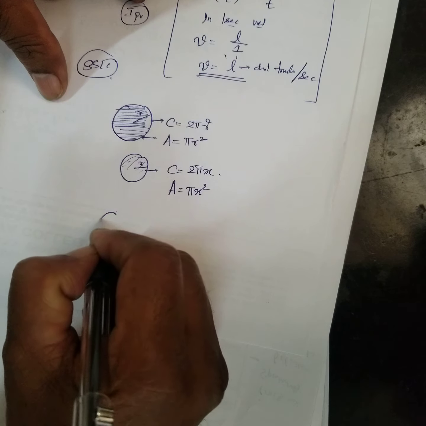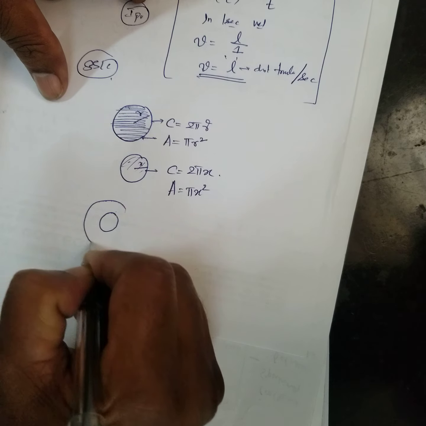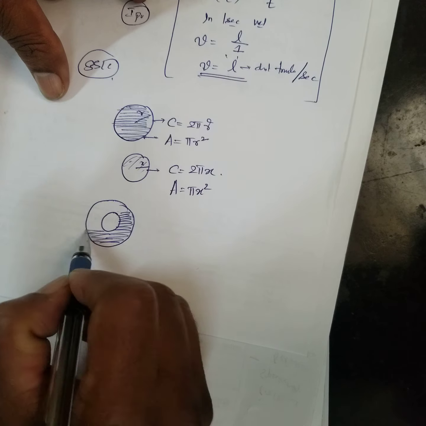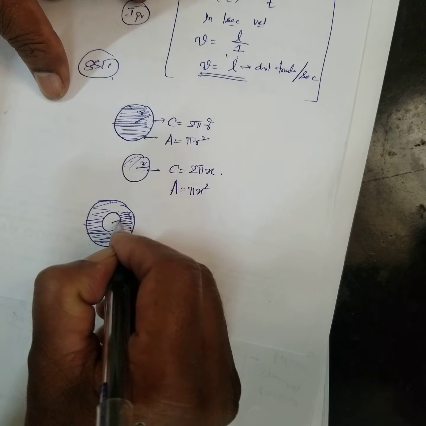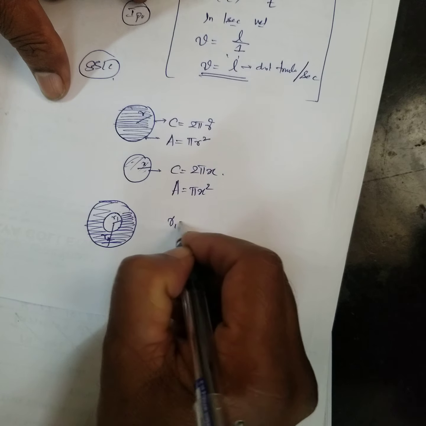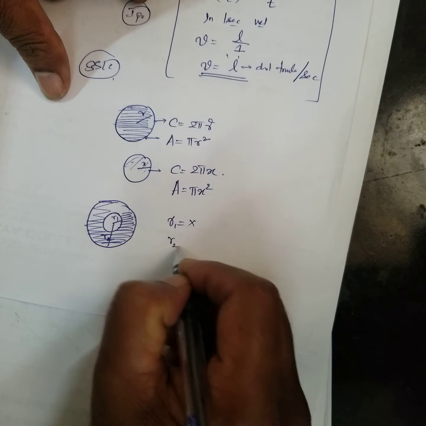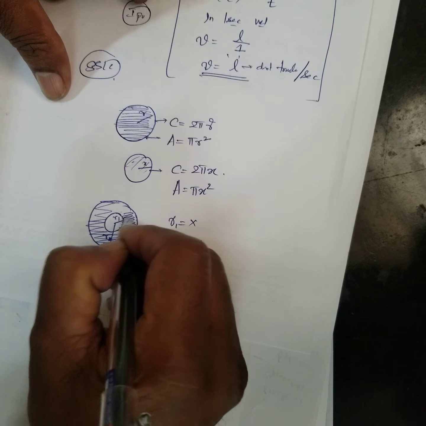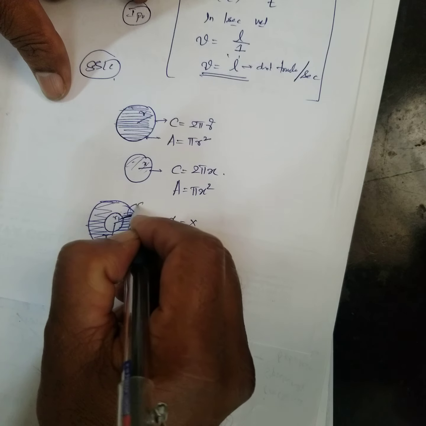Now I want to find the area between two circles whose radii are R1 and R2. Suppose R1 is equal to X, and R2 is equal to X plus this much distance, that is dx.